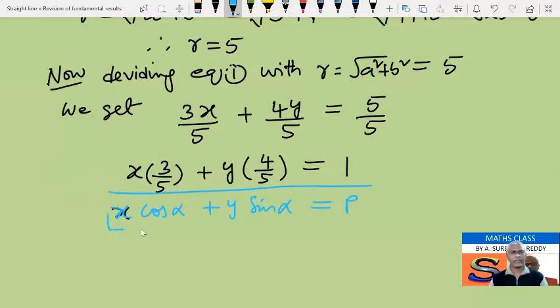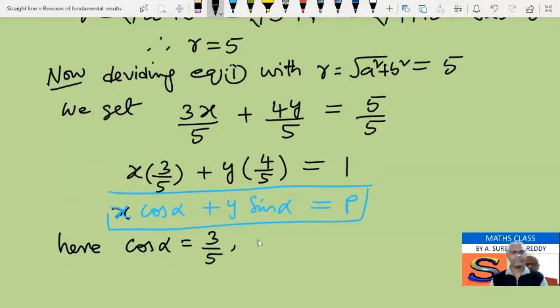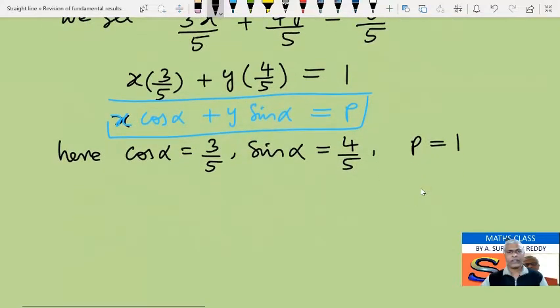Here comparing this, cos alpha is 3 by 5, sin alpha is 4 by 5, and p value is 1. So we have to calculate the alpha angle.